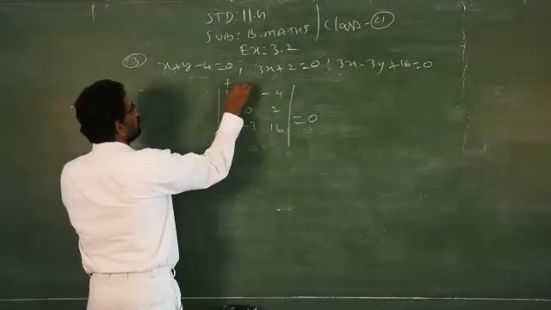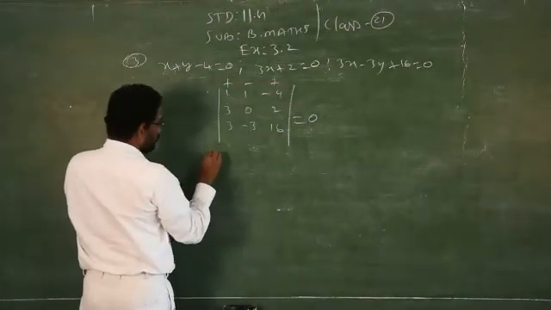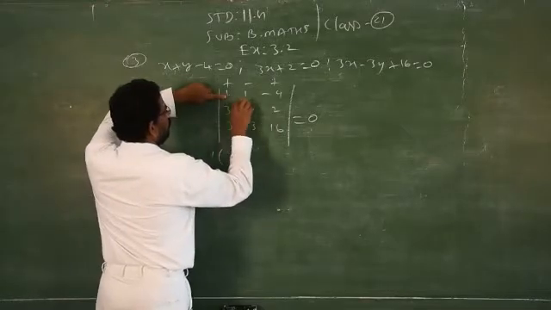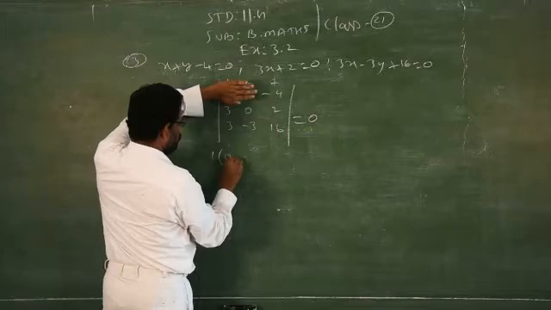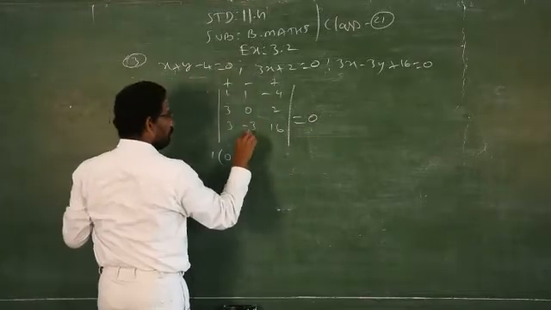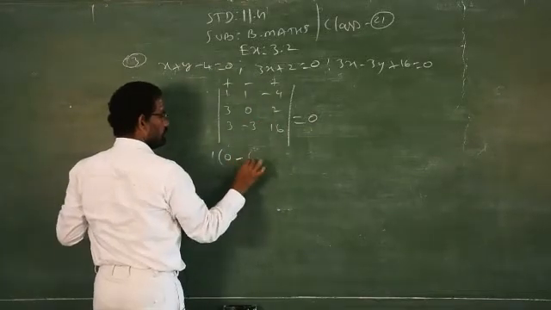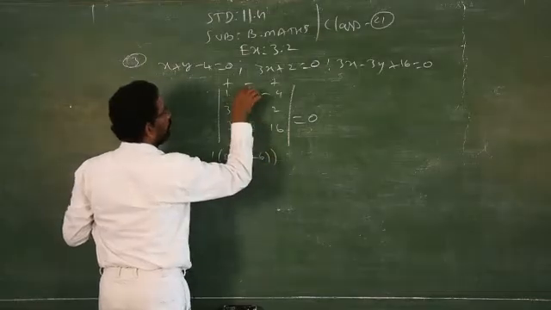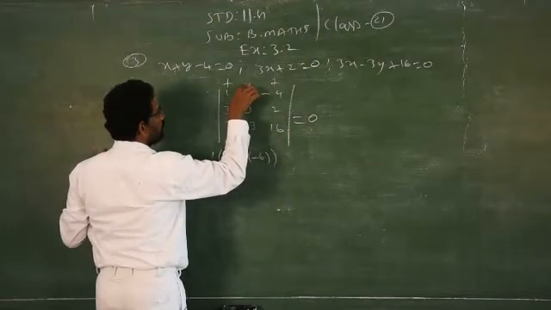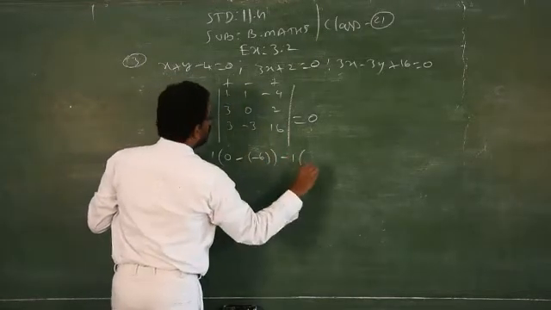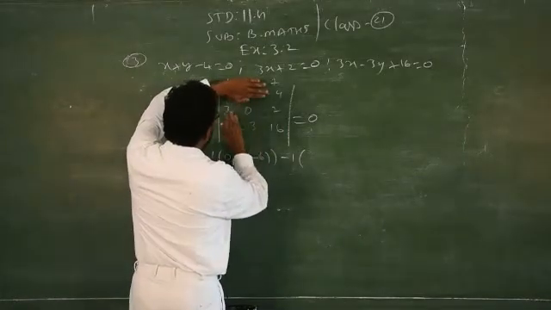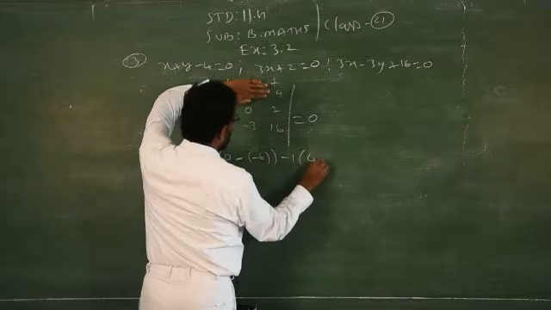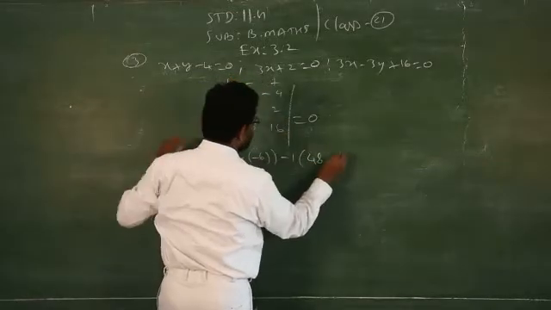What is the sign? Plus, minus, plus. So you take the first element 1, remove its row and column: 0 into 16 is 0, minus 3 into 2 is minus 6. Then the second element, the sign is minus, so minus 1 of, again leaving the corresponding row and column: 16 3s are 48, minus 3 2s are 6.